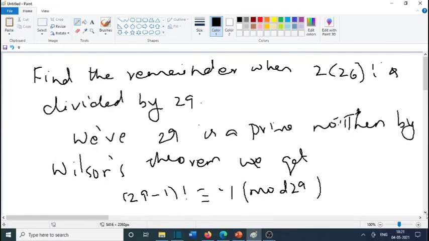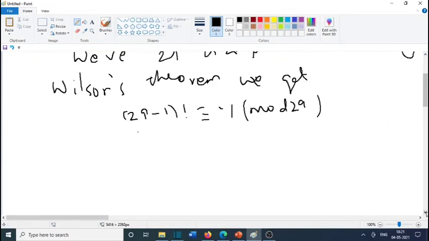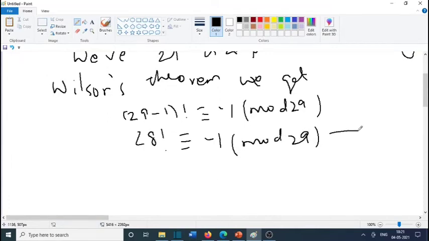This means 29 minus 1 factorial, which is 28 factorial, is congruent to minus 1 mod 29. So this is equation 1.